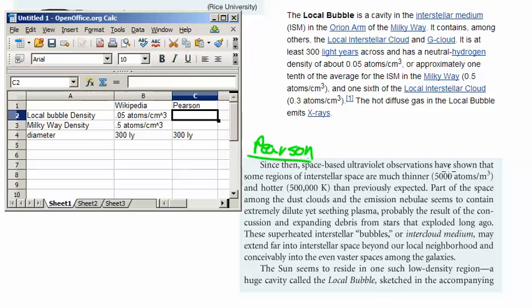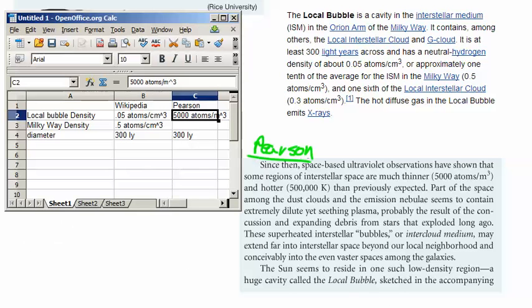Meanwhile, A Beginner's Guide to the Universe says that the bubble is about 5,000 atoms per meter cubed. Now, to convert that to cubic centimeters, we would need to divide it by 100 three times.